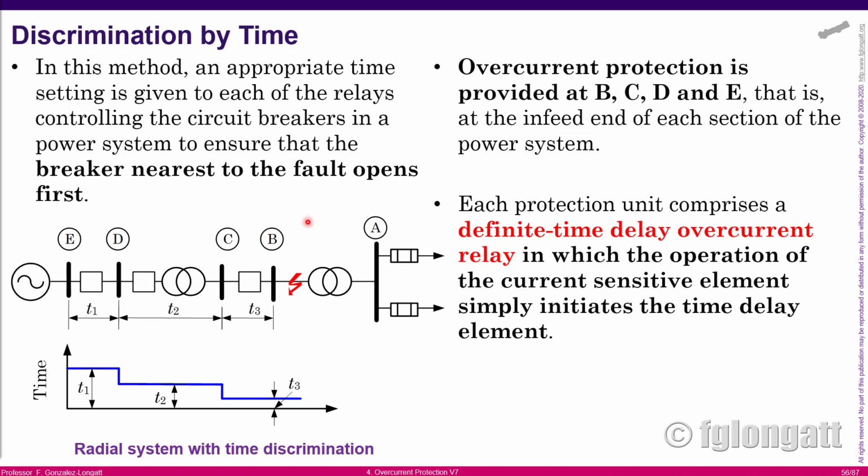Well, very simple. The nearest circuit breaker will operate in the minimum time, and that is the case of the circuit breaker between B and C, and the operating time will be T3.